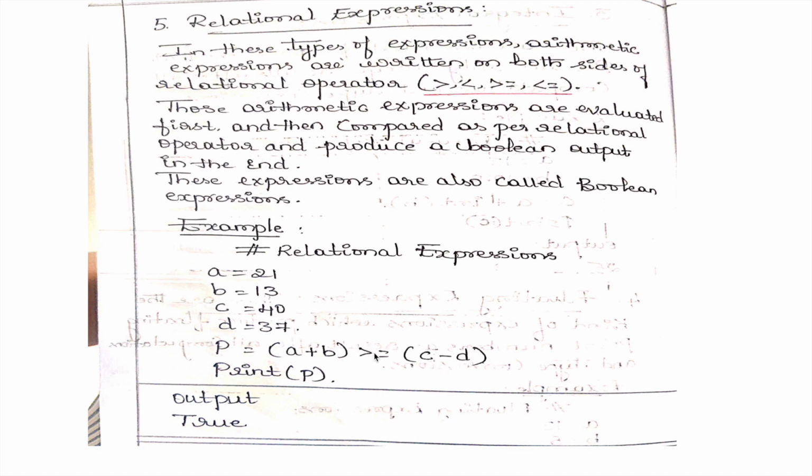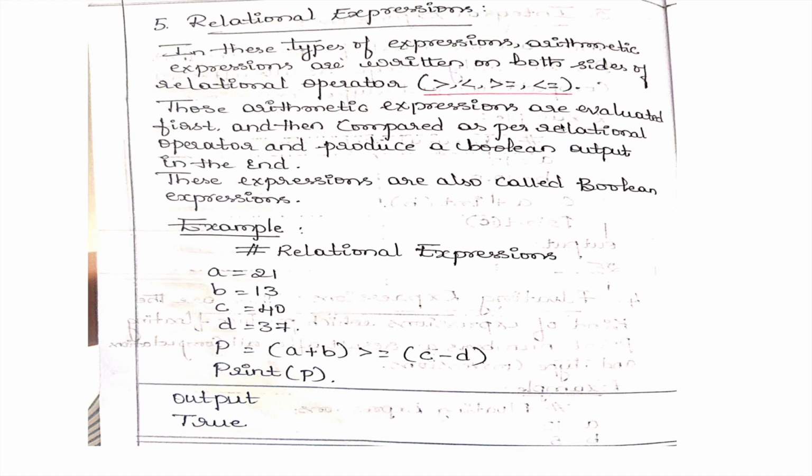See, greater than or equal to is a relational operator, a plus b is an arithmetic expression, c minus d is an arithmetic expression. That's why in this type of expression, arithmetic expressions are written on both sides of the relational operator.